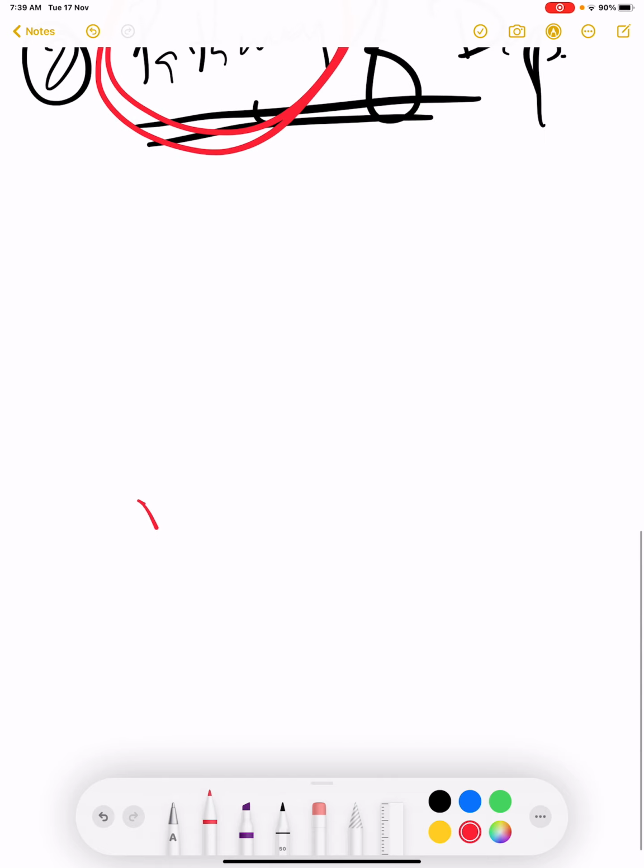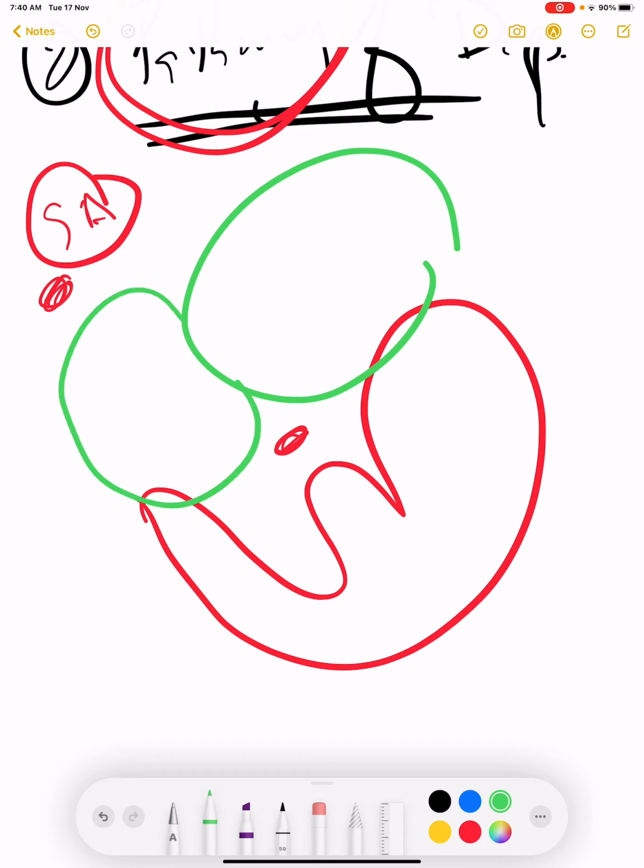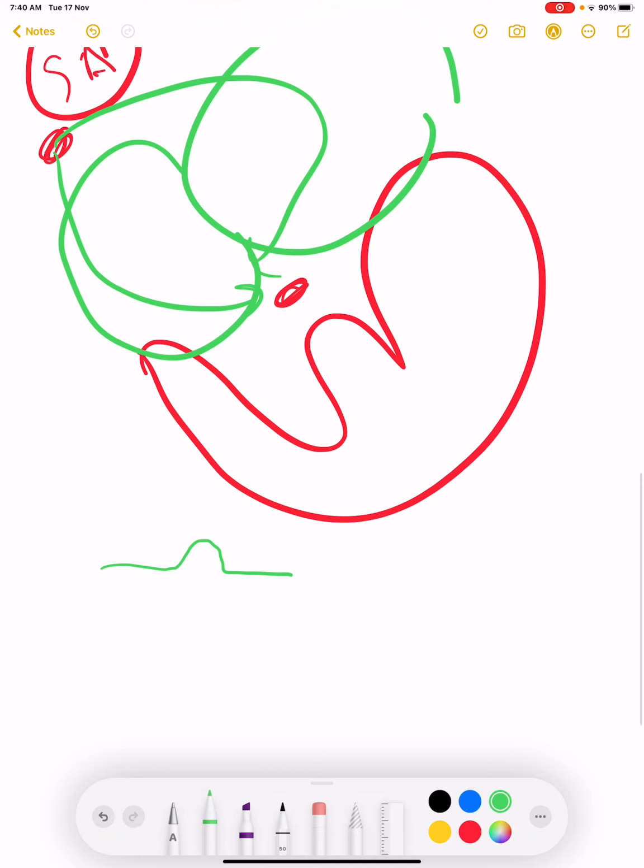Now let's take an example where the P wave is originating in the SA node. When the P wave is originating in the SA node and both of our atria are of normal size, then a normal P wave will be generated, which will be like this. A normal height and a normal width of P wave will be generated.